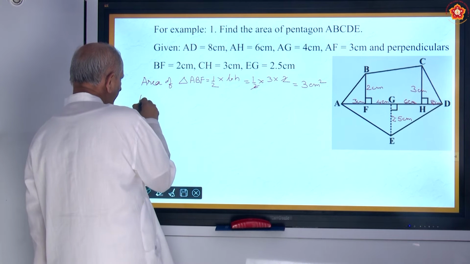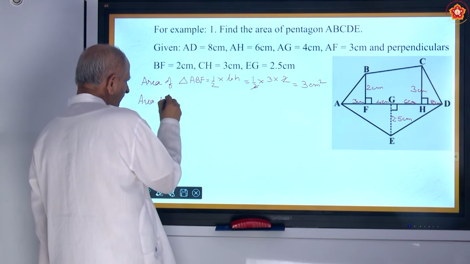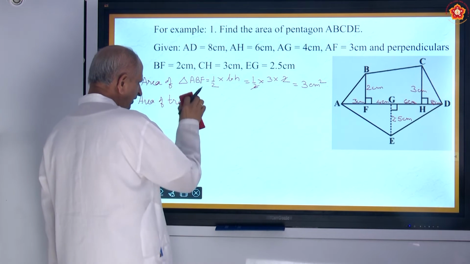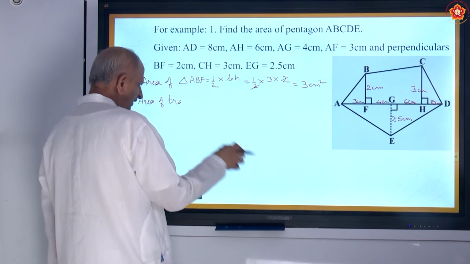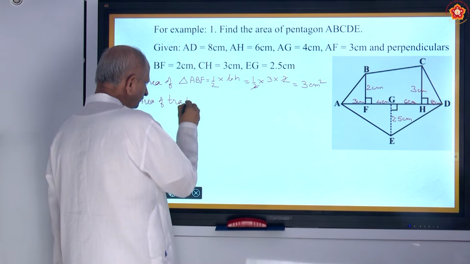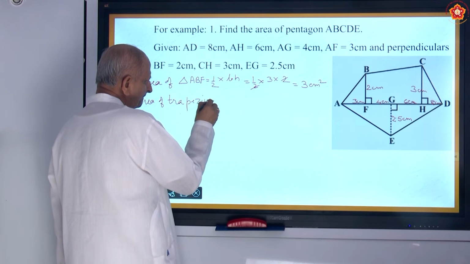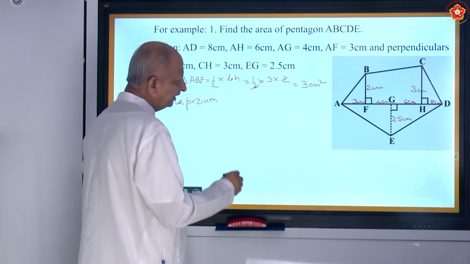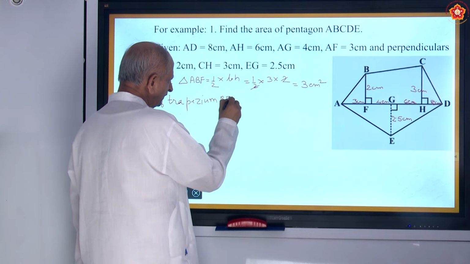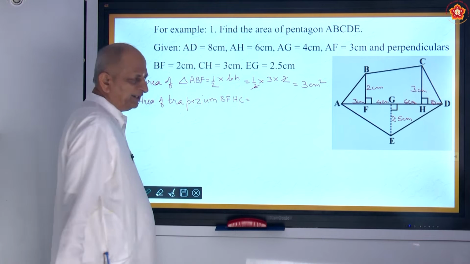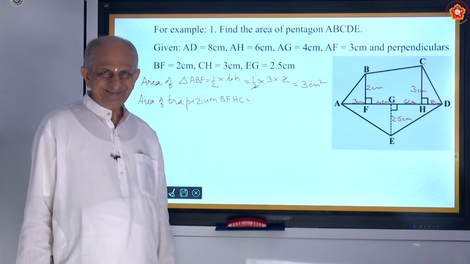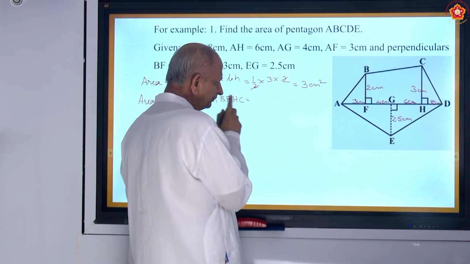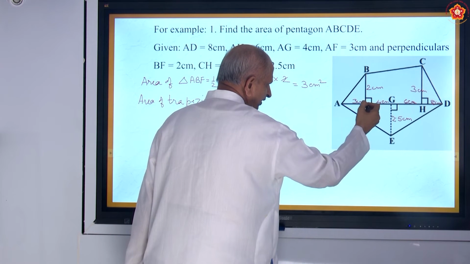Then you have area of trapezium. Why is it a trapezium? Because there are parallel sides. So area of trapezium, a quadrilateral having parallel sides, you can call it BFHC. You have already studied how to find the area, correct? What is the formula? Half H into A plus B. H is the height here, from here to here.